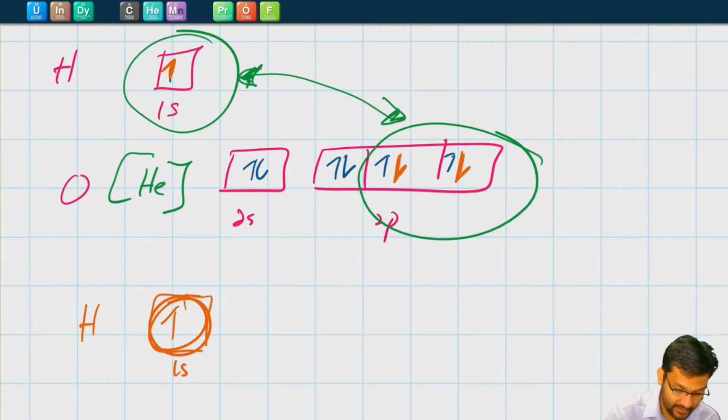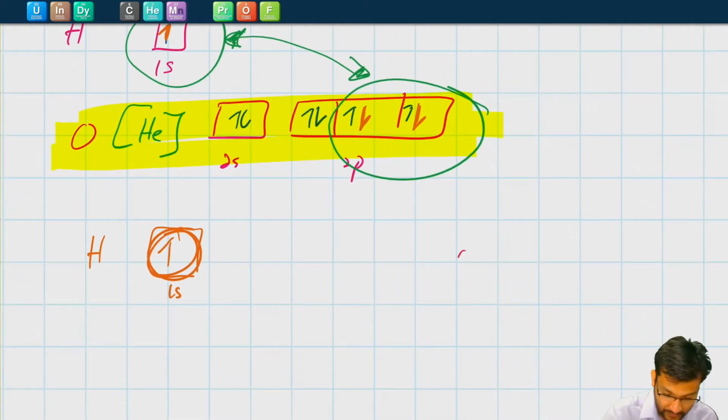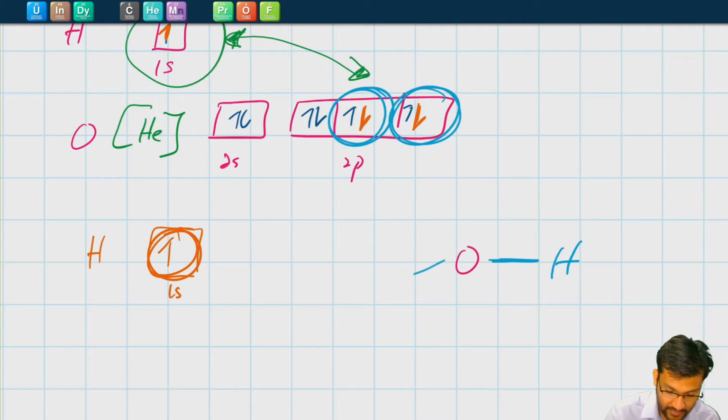This is the picture of what's happening as these form bonds. So you have oxygen, and let's erase that to have a cleaner picture. This pair that's formed here might be this new bond with hydrogen, and this other pair that's formed here might be this other new bond with hydrogen.